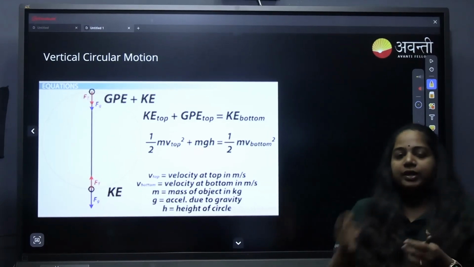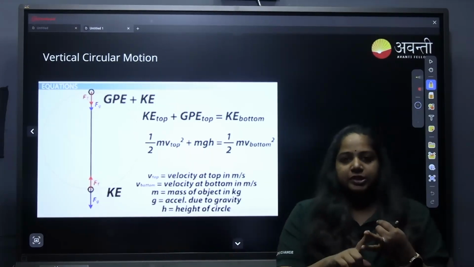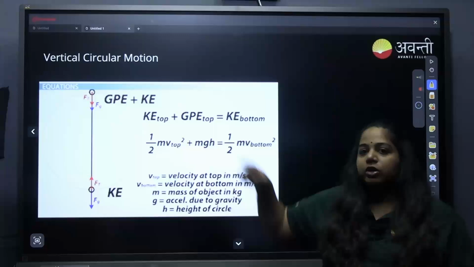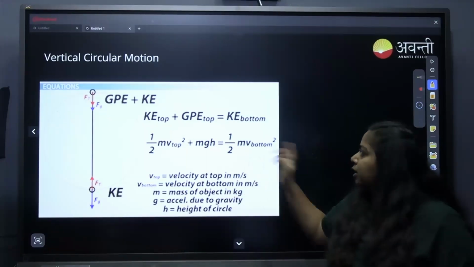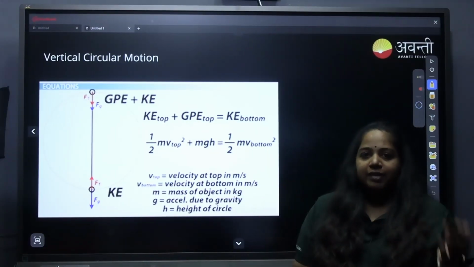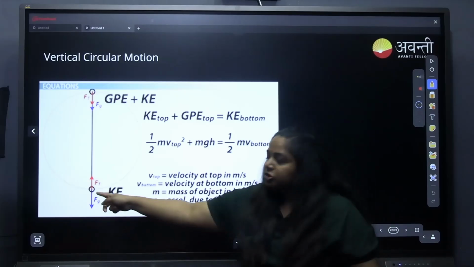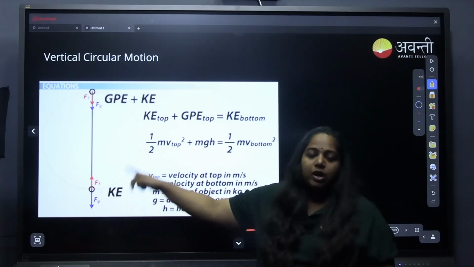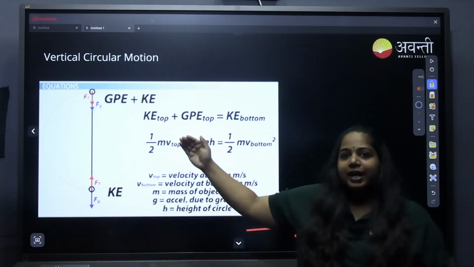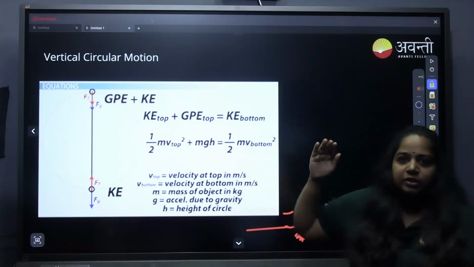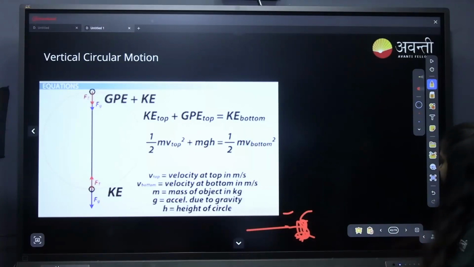At the bottom point, kinetic energy plus potential energy should be equal to top point kinetic energy plus potential energy. Like that we will apply. At the bottom we will assume that potential energy is 0, and applying that we will get the value of velocity at top and bottom.